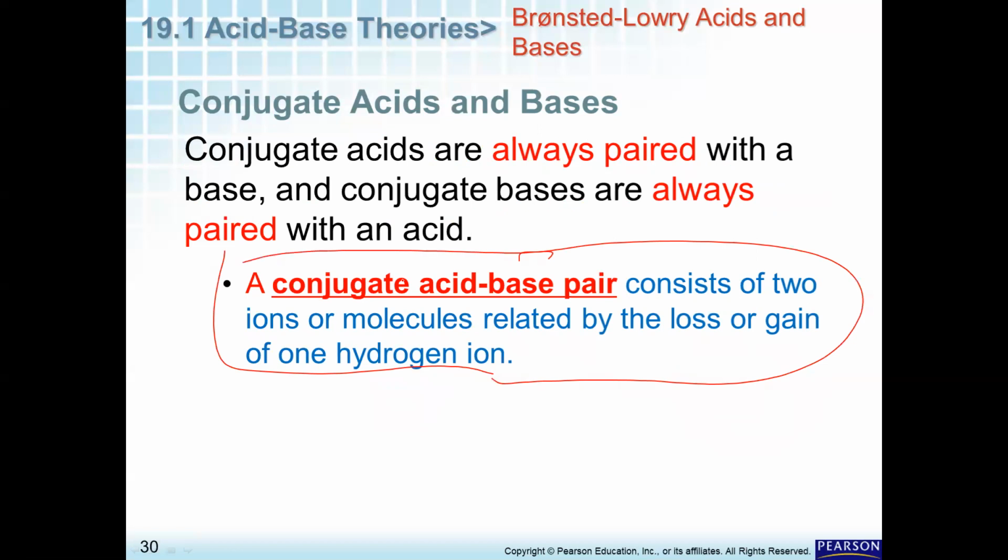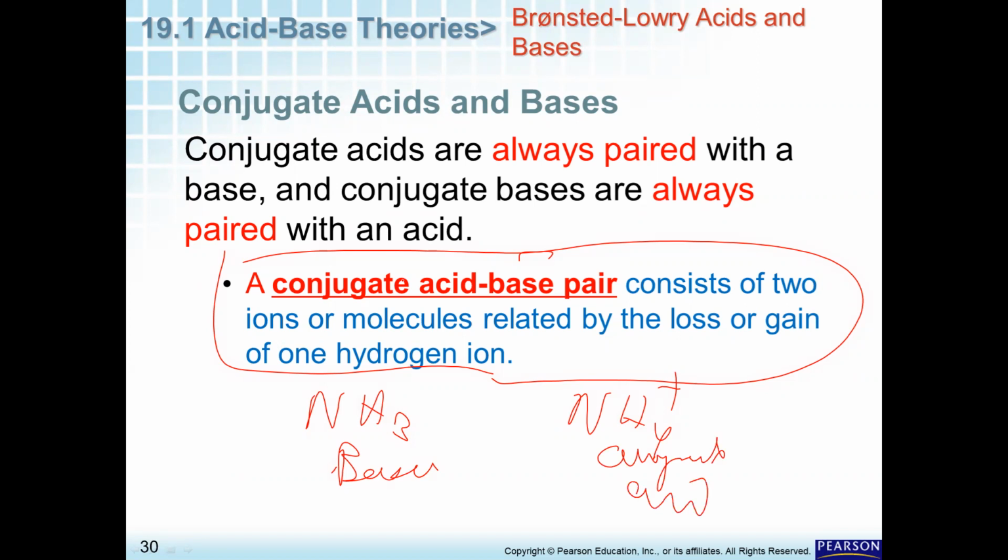So a conjugate acid-base pair consists of two ions or molecules, because we notice that we have ammonia and ammonium, water and hydroxide ion. So either it is going to be ions or molecules related by the loss or gain of one hydrogen. Yes, ammonia and ammonium, this is a base, and that is a conjugate acid.